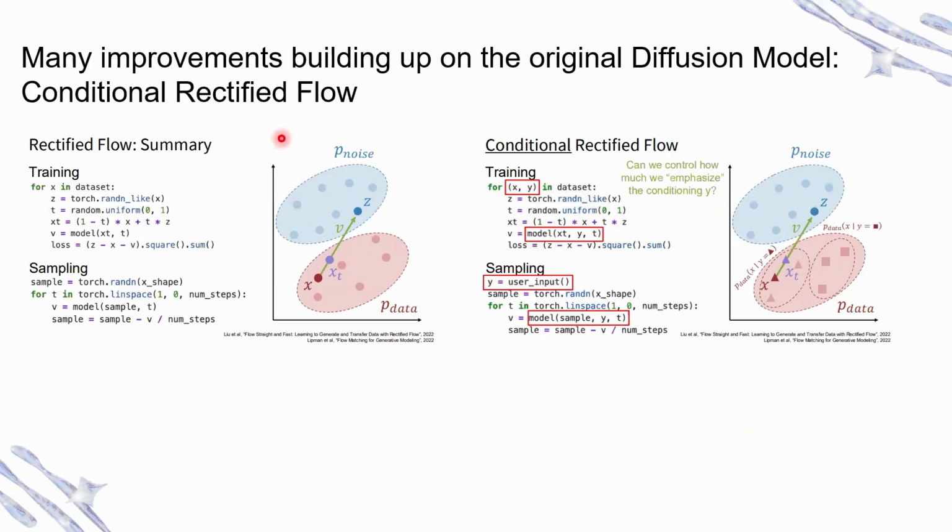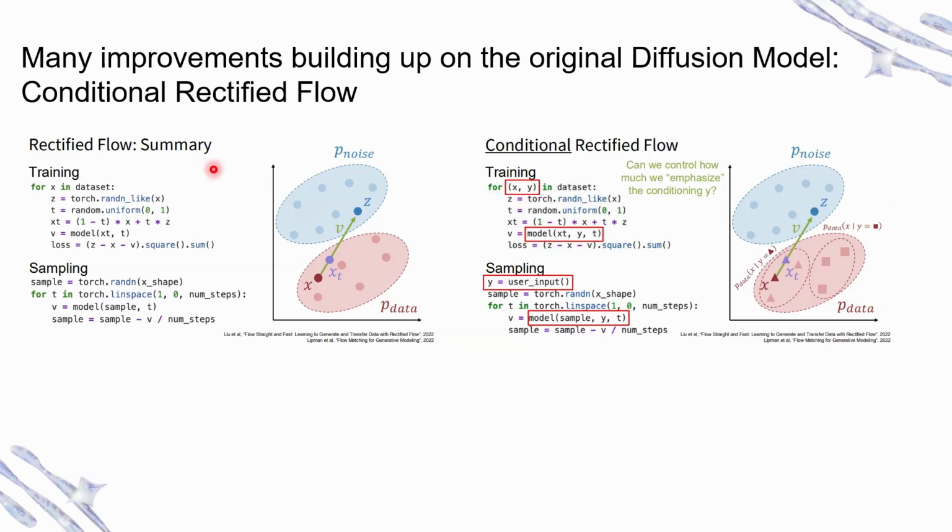Going from rectified flow, people started to ask the next question, which is conditional rectified flow. The idea is, how much can we enforce a condition? How much can we emphasize the condition of Y?